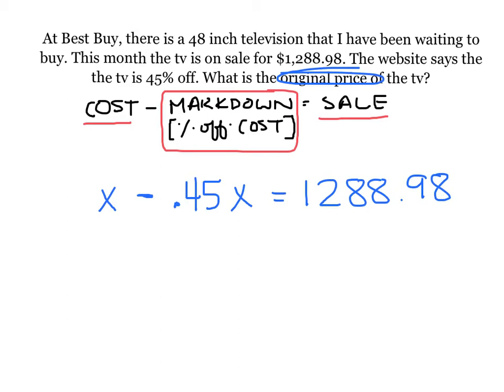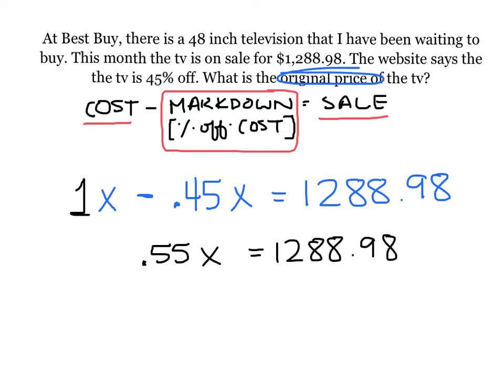Now we need to solve our equation. Remember, when we solve, the coefficient in front of this x is a 1. And so 1x minus 0.45x is 0.55x. And that is going to equal $1,288.98. To complete solving, we have to divide by 0.55 in order to solve for x.